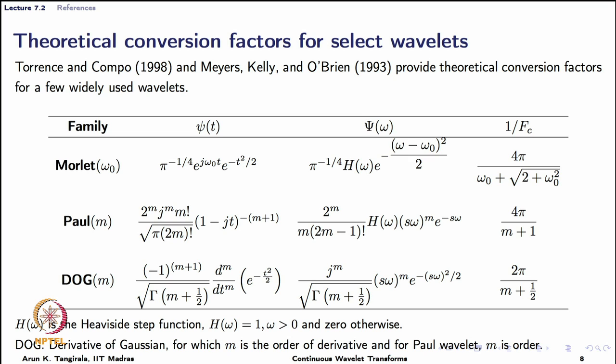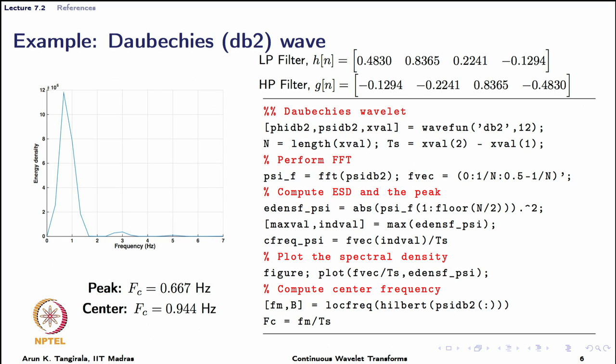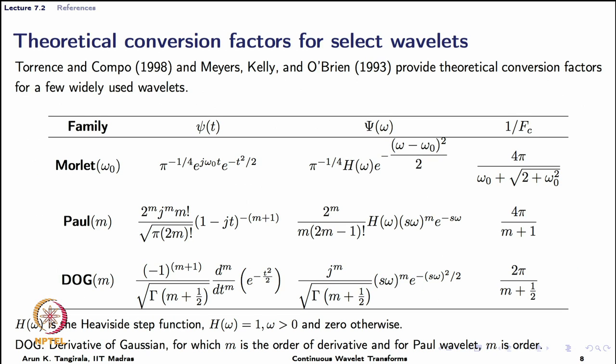Nevertheless, we still went through such an example. For example, the Daubechies 2 wave is one such example. It is not an analytic signal, but you can construct an analytic version of this. So, you can perform CWT with an analytic version of this. The general practice in CWT is that you use complex wavelets or analytic wavelets, so that you can extract both the amplitude and phase of the oscillations in the signal.